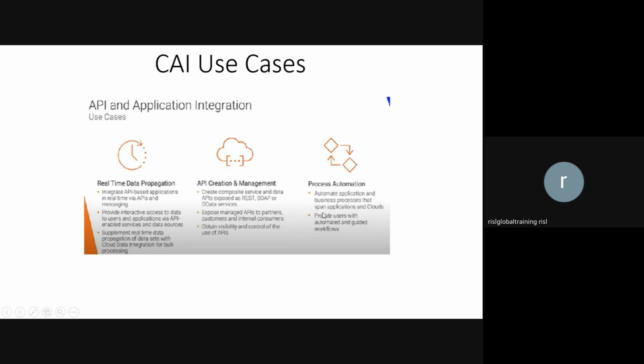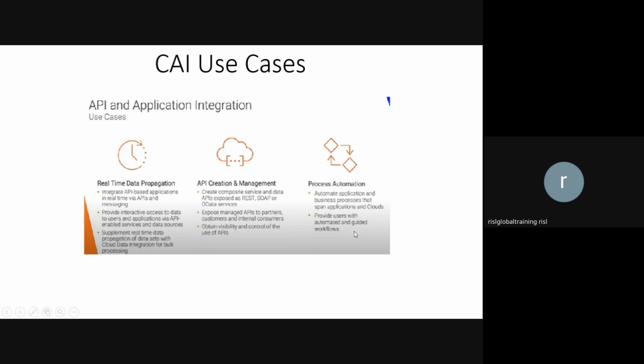Next, we have powered users with automated and guided workflows. Let us say we have a number of users, and we can automate the flows so that specified or restricted users can access our automated workflows or guided workflows.